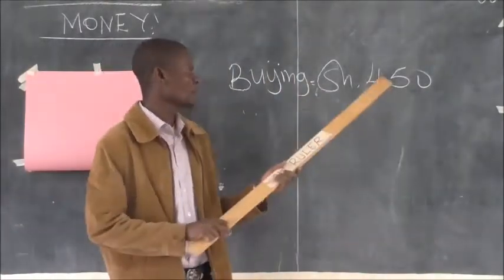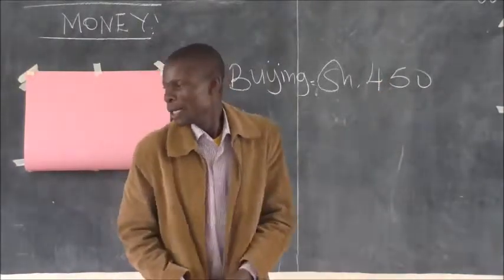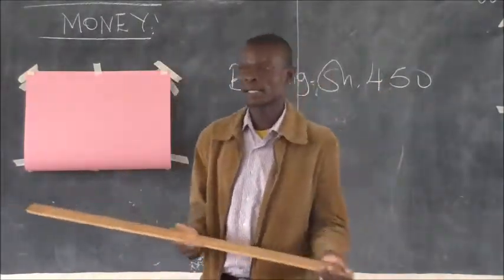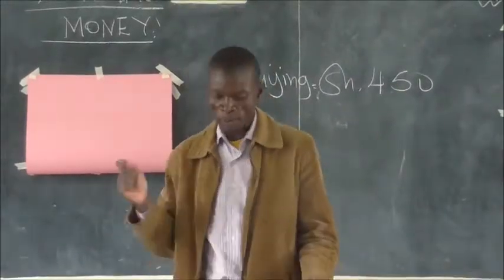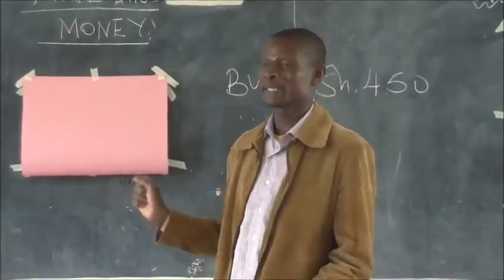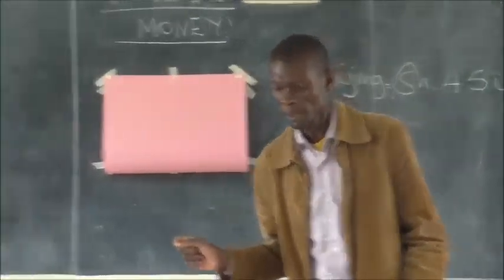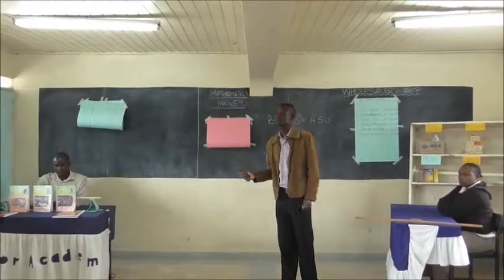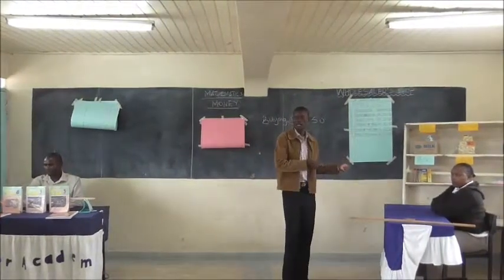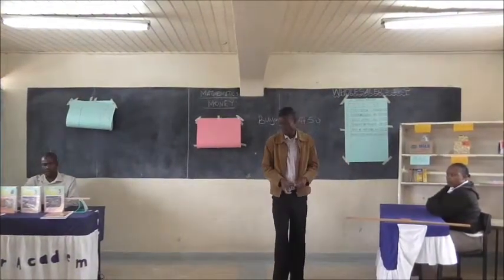Now, the retailer has taken the book to his shop, and now I'm going to buy the same book from the retailer. So let's listen to what the retailer is going to charge for the textbook that he bought from the wholesaler at 450 shillings.